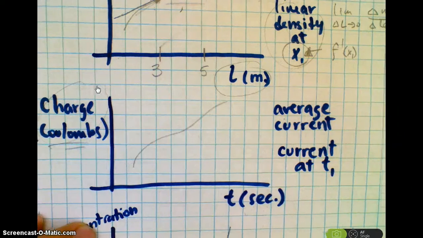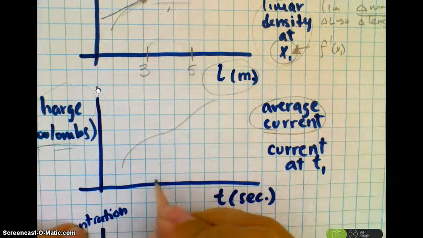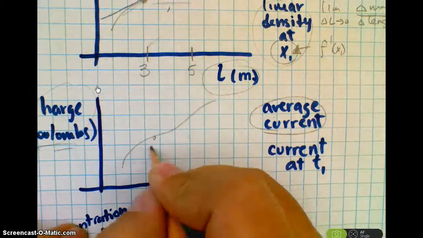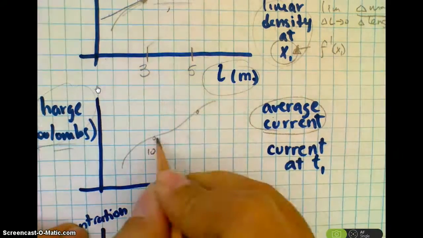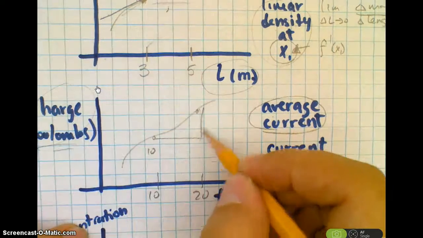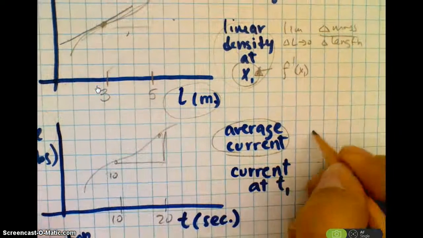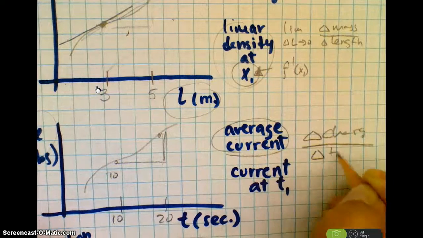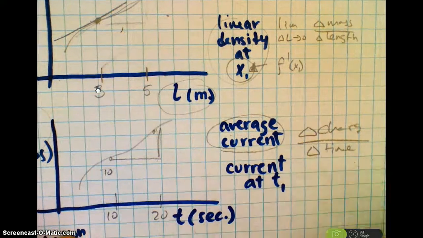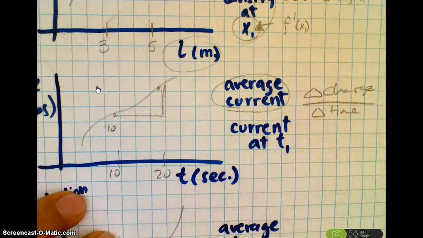Over time, the average current, you can find it between, I don't know, 10 and 20 seconds, and it will be again the difference in the charge divided by the difference in time. And this is easy, and we could do this in any grade from 9th grade and on.